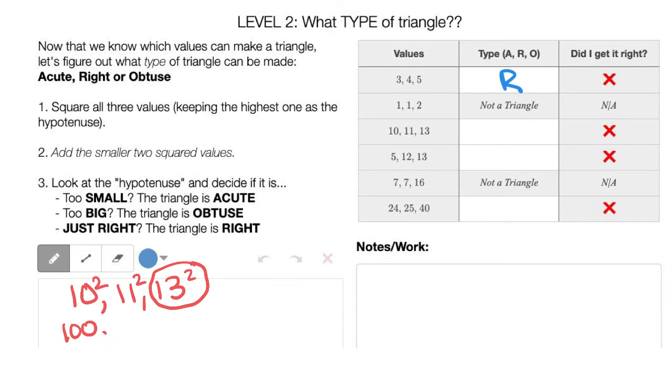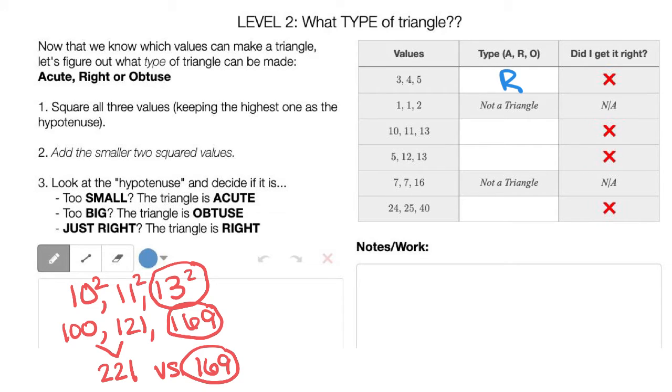So I have 100, 121, and 169. When I put 100 and 121 together, I get 221. I look at my 169, okay, 221 versus 169. My 169 is too small.